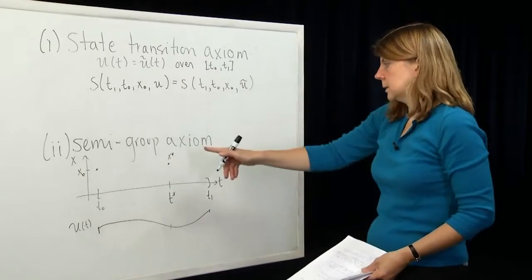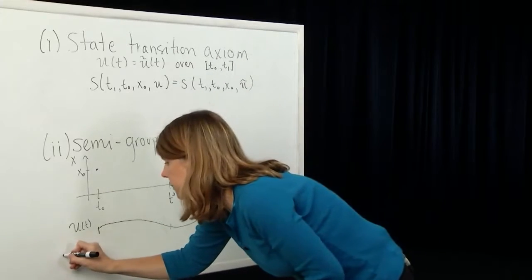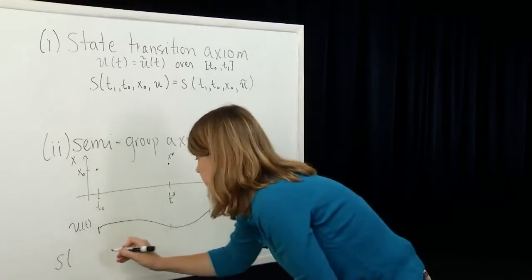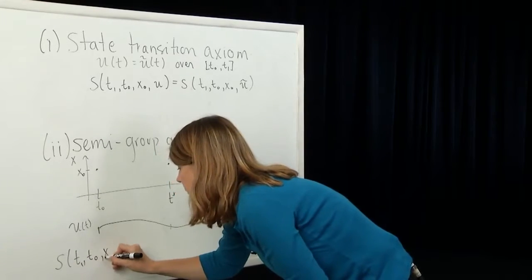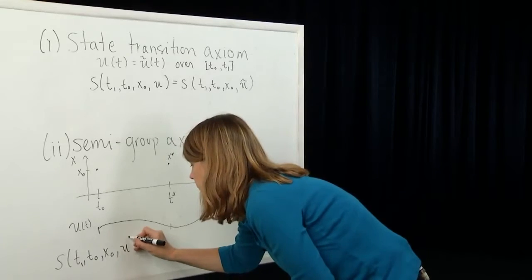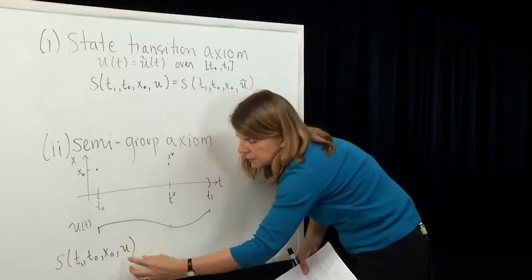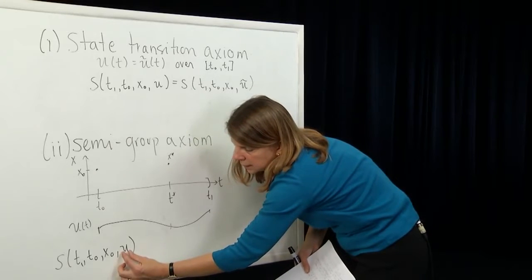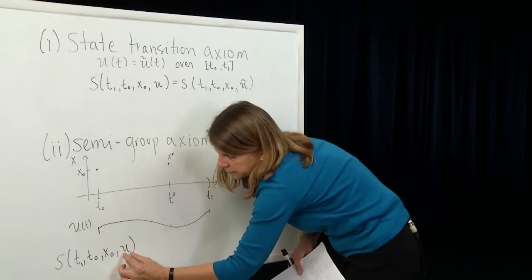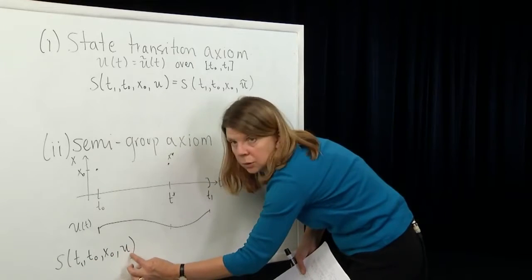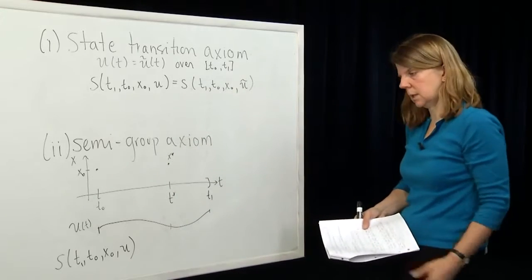And so we state that semigroup axiom as follows: the state at time t1, given that you started at time t0 at state x0 using input u, and now we recognize, because we know the properties of the state transition function, that this is the input function defined over this time interval. So we don't have to keep saying u between t0 and t1, because it's defined by those points in time.